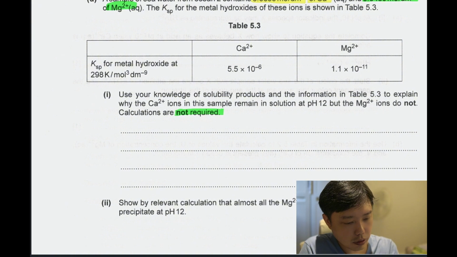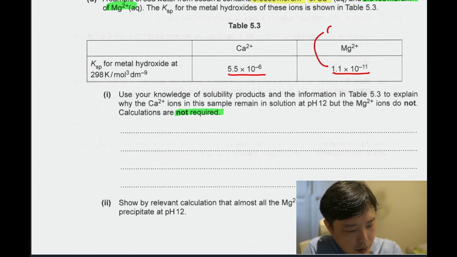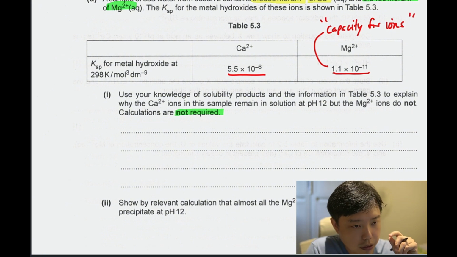So basically you have to look at these two values. KSP, I've told my students, is like a capacity for ions. If you look at magnesium, this capacity to hold ions is very, very low. It's like 10 to the power minus 11.